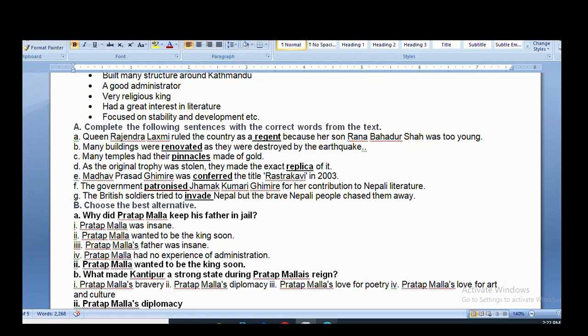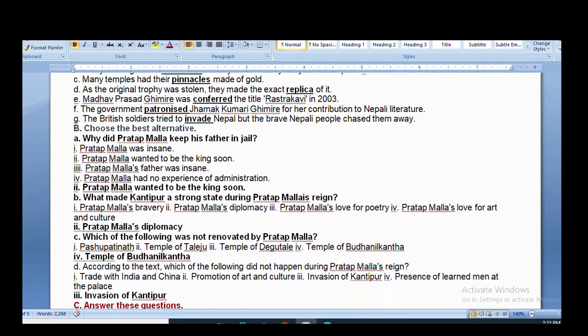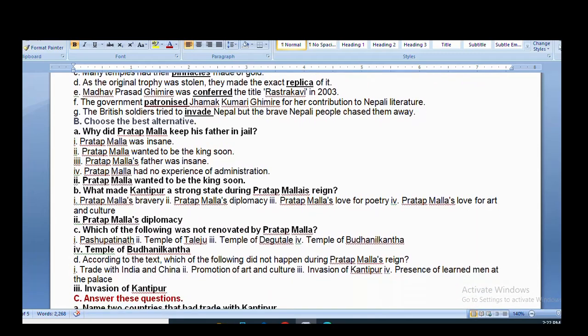Number B. Choose the best alternatives. Why did Pratap Malla keep his father in jail? The correct option is II. Pratap Malla wanted to be the king soon. What made Kantipur a strong state during Pratap Malla's reign? Correct answer is II, Pratap Malla's diplomacy. Which of the following was not renovated by Pratap Malla?